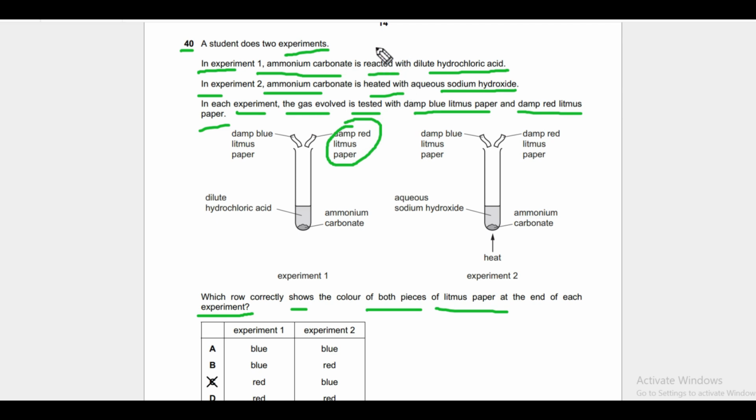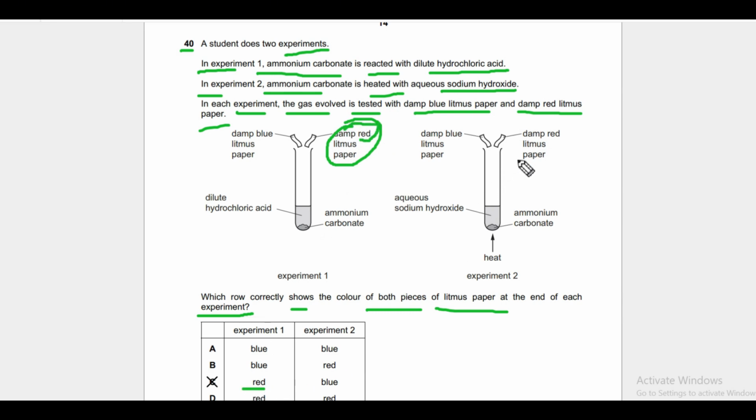Ammonium carbonate reacts with hydrochloric acid to produce ammonium chloride plus carbon dioxide plus water. Acidic gas is produced, so the red litmus paper will remain the same.